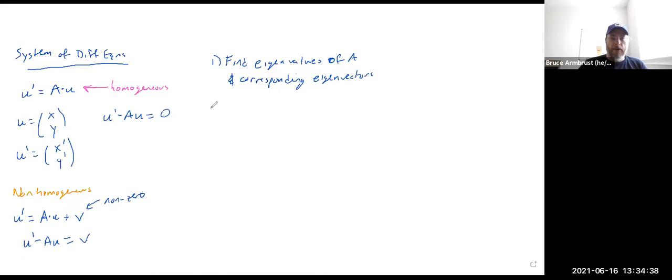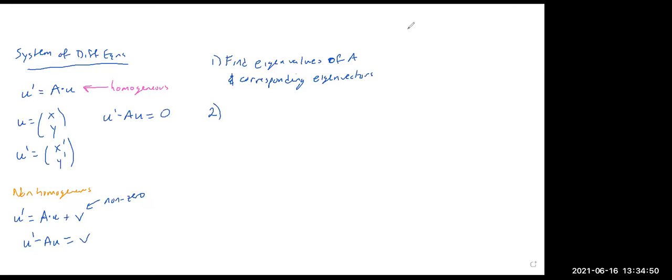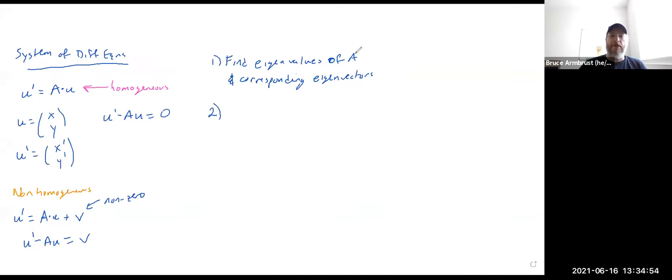And do you remember how we wrote our solution? I mean, it's pretty much the same way as always. Okay, but in this case, where do the eigenvalues and the eigenvectors go?